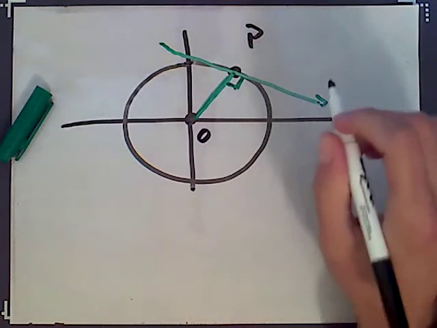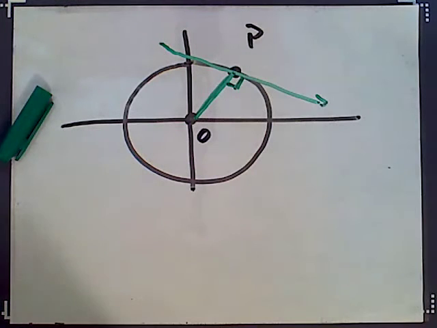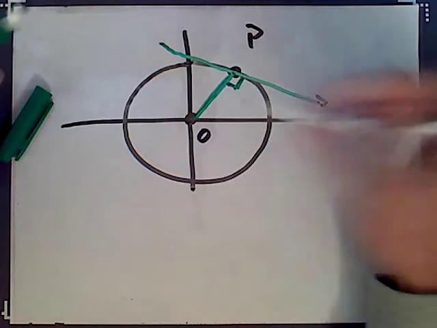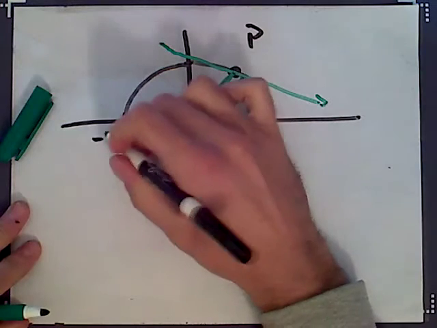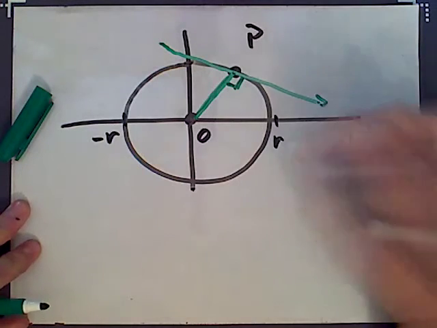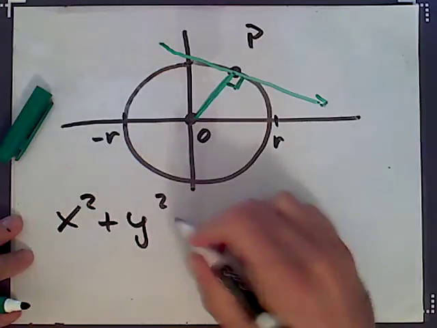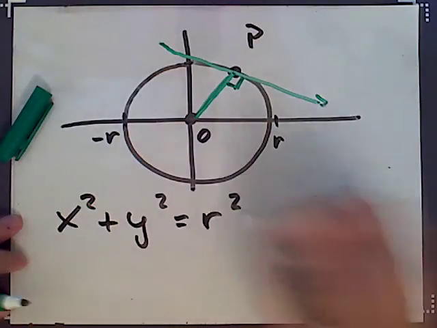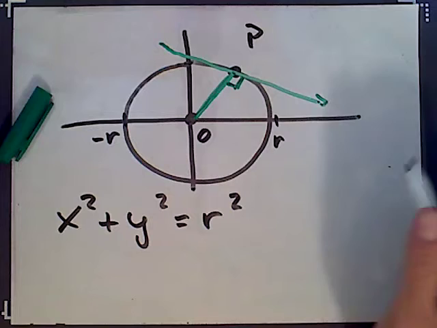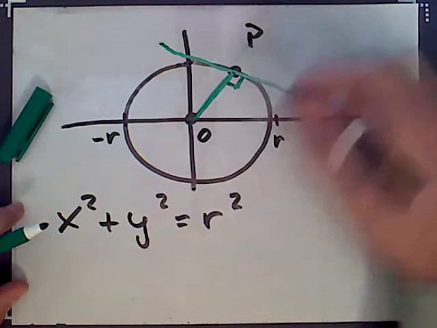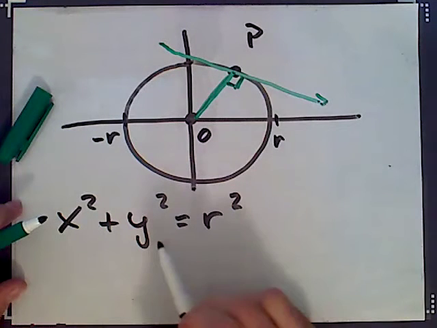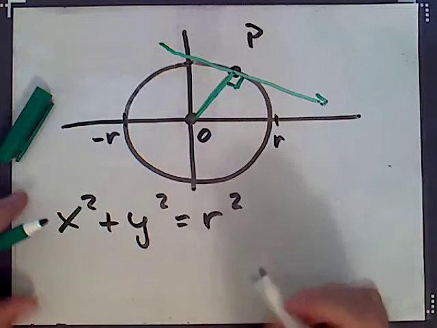What we need to do is get an expression for the tangent line at point P. Say this circle has radius r, then the equation of this circle is x squared plus y squared equals r squared. The slope of the tangent line at point P is given by the derivative, y prime.